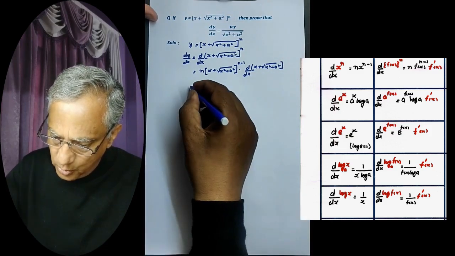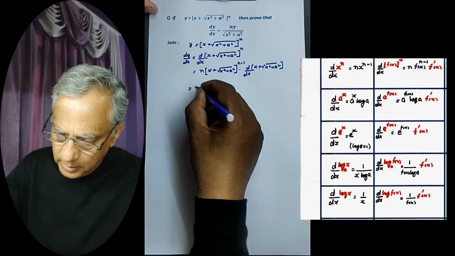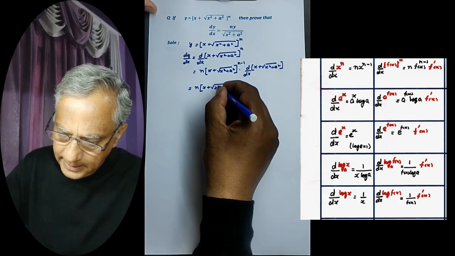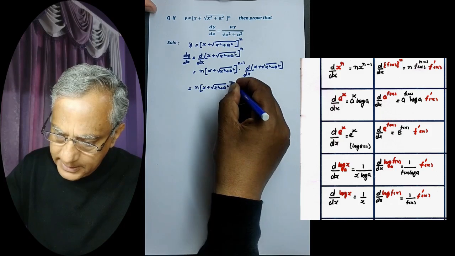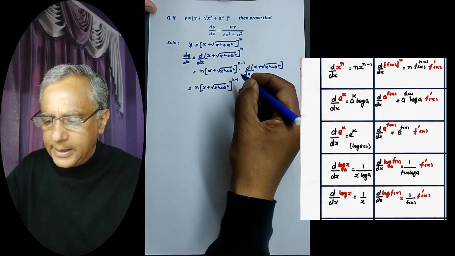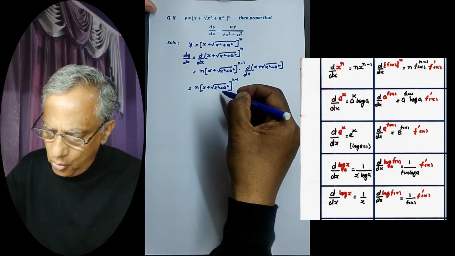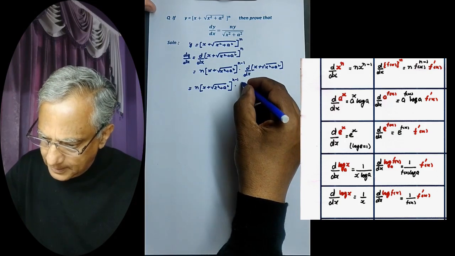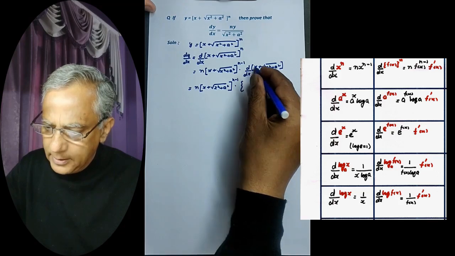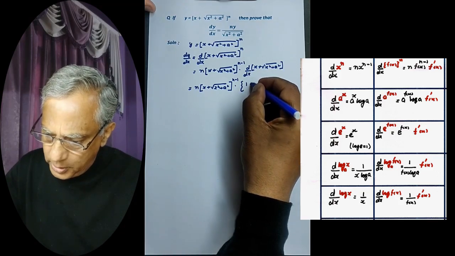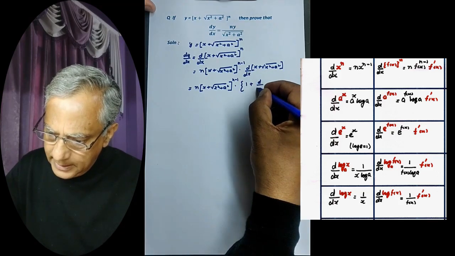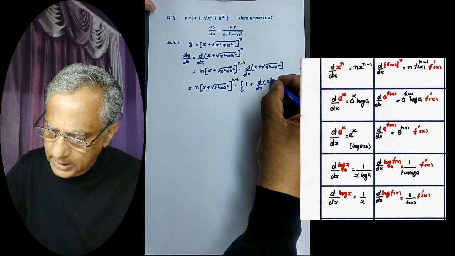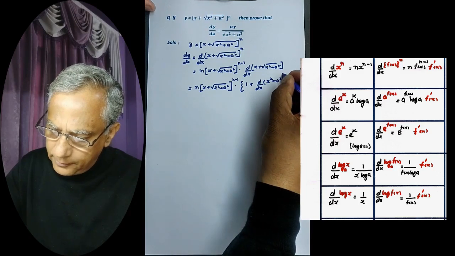And this is equal to n into (x + √(x² + a²))^(n−1). This term has been written as it is, into d/dx of this. d/dx of x will be 1, plus d/dx of (x² + a²)^(1/2).